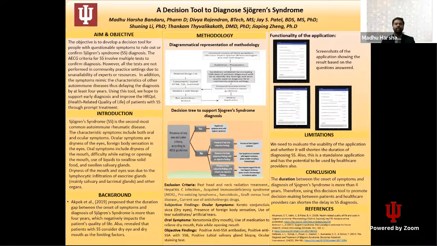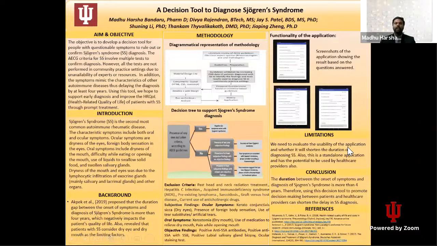The objective findings are the diagnostic tests used to confirm the diagnosis of Sjogren's syndrome, which in community practice settings are testing for SSA autoantibodies and SSB autoantibodies and biopsy of the labial salivary gland as well.